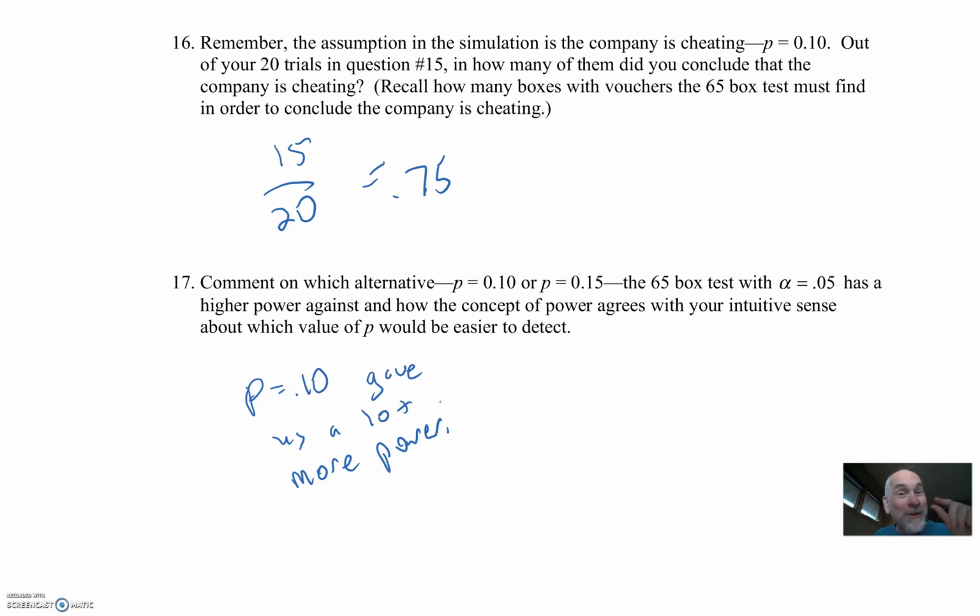The sample size could be pretty small, and people would notice it and go, that deck's not right. Just keep picking black. But what if I only switched it by 1 card? If it was a small difference between 50% and whatever I made the deck, then you'd have to do it forever to notice that there was a difference. So the farther off you are, the more power the test has, which means the greater likelihood you have of catching them.